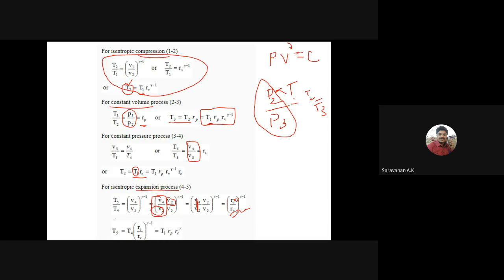So T5 by T4 is equal to T4 into this term, then T4 will be replaced by this, right? So all the values, T2, T3, T4 and T5, are represented in the form of T1.